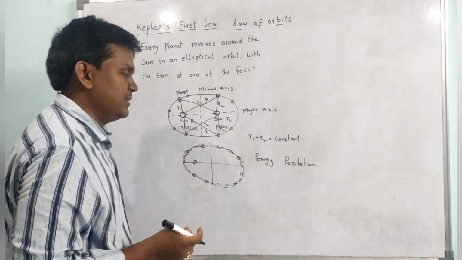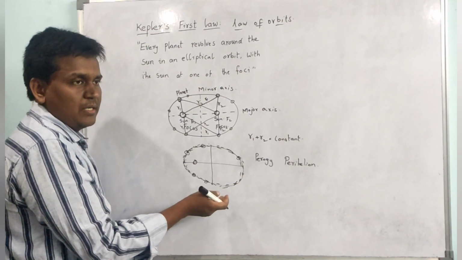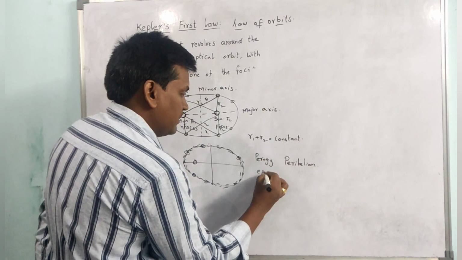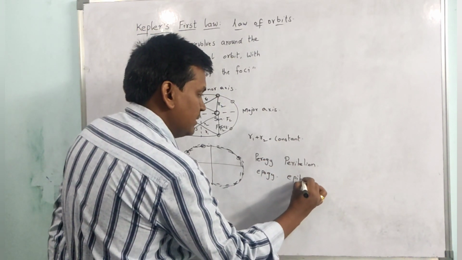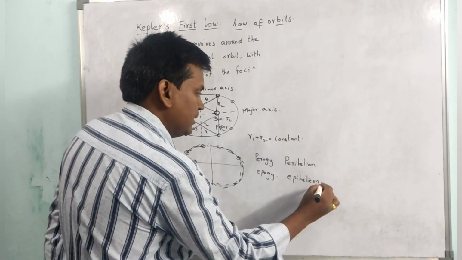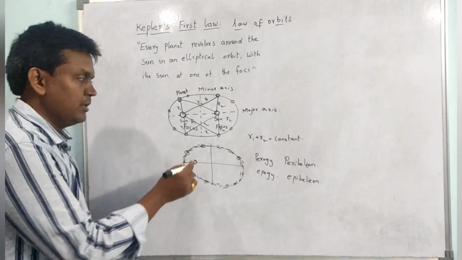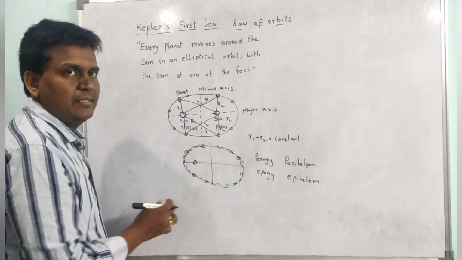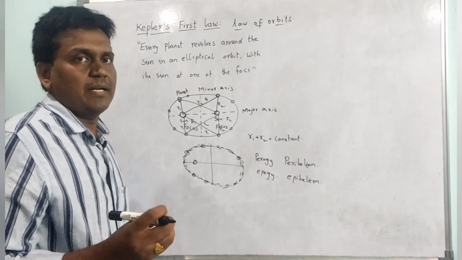So the farthest point of the path of the planet is called apogee or aphelion. Perigee, perihelion means the nearest point. Apogee, aphelion means the farthest point of the planet from the sun.